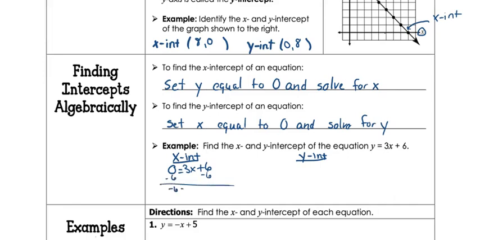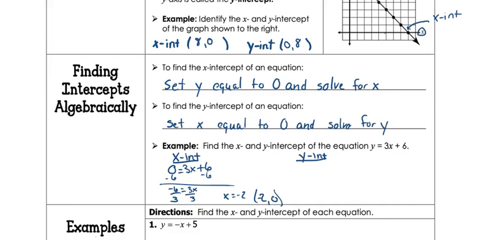So negative 6 equals 3x. We're going to divide both sides by 3. And I'm going to find that x equals negative 2. So if I wanted to write that as an ordered pair, I'd say, well, then my x-intercept is (-2, 0).